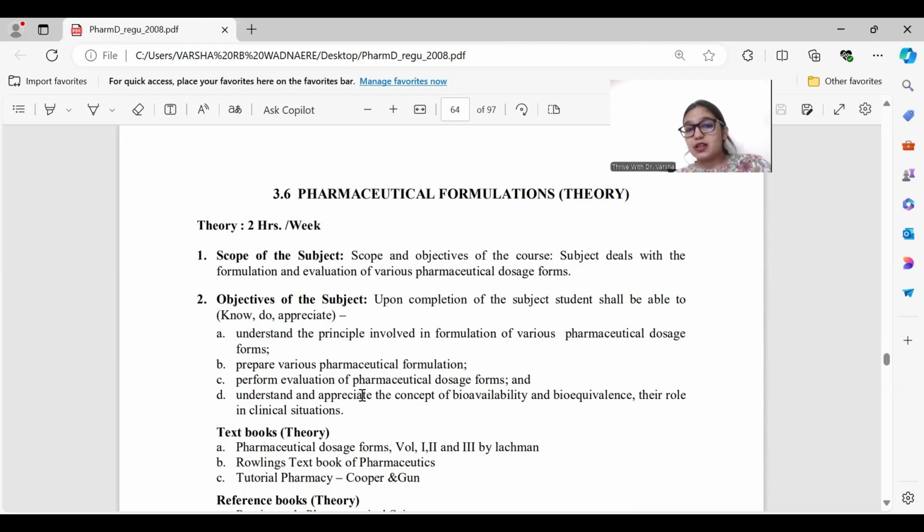That's why we will study this subject. Once you complete this study, you should be able to know and understand the principles involved in the formulation of various pharmaceutical dosage forms, prepare various pharmaceutical formulations, perform evaluation of pharmaceutical dosage forms, understand and appreciate the concept of bioavailability and bioequivalence, and their role in clinical situations.